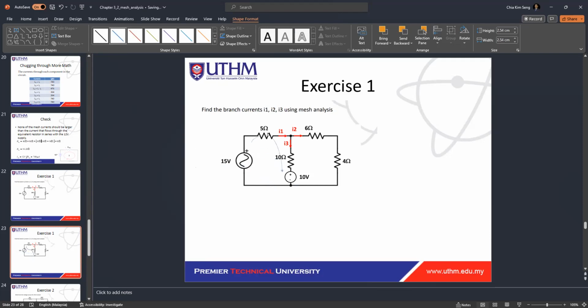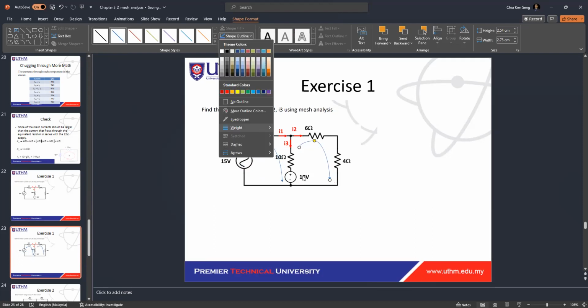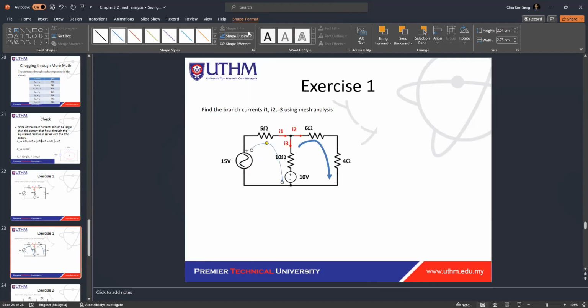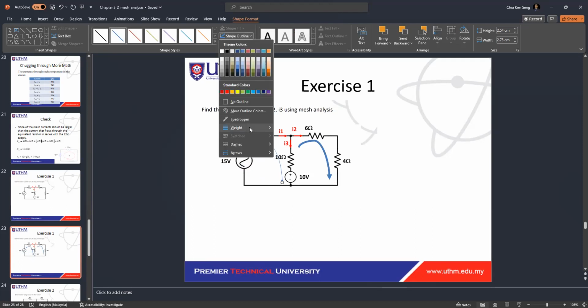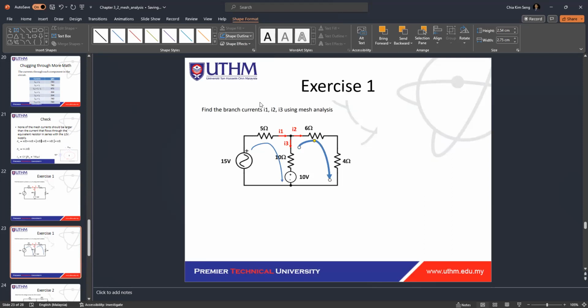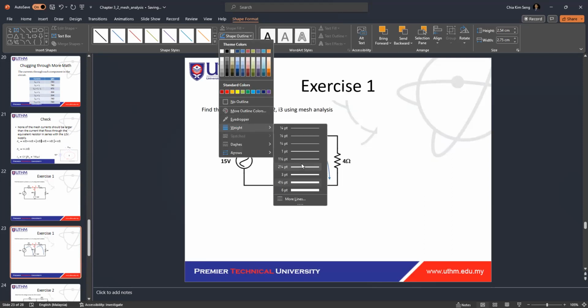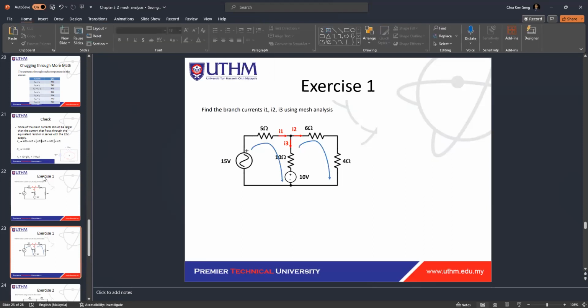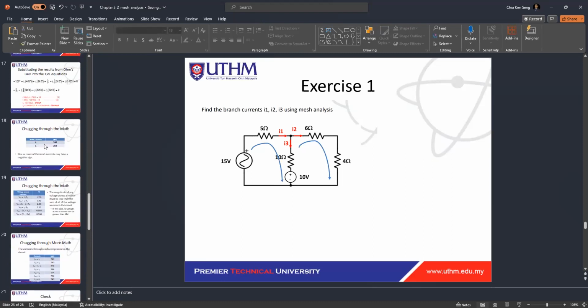Okay, I think you can understand. So here, this is my I1. Start here, I1 like this. Okay, I2. I hope that this will not be a barrier for your learning. So we make them crosswise, like this.